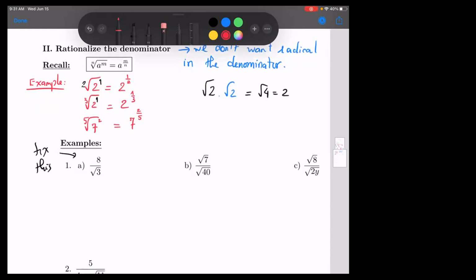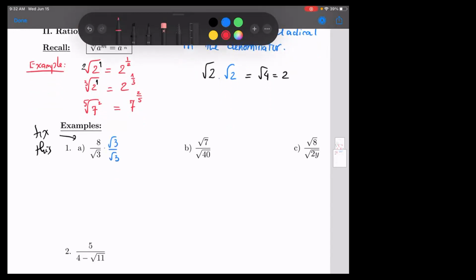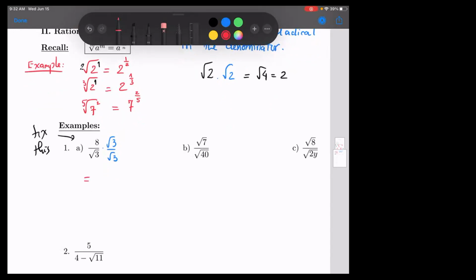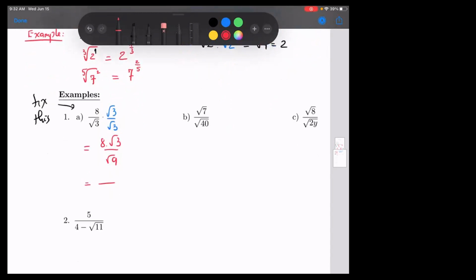So I'm going to multiply both top and bottom by root 3. When you multiply fractions, you just multiply across. So 8 times root 3 over root 9. The square root of 9 is 3, right? And the top, I just rewrite it. So now we don't have a radical under the denominator anymore. That's what they want.